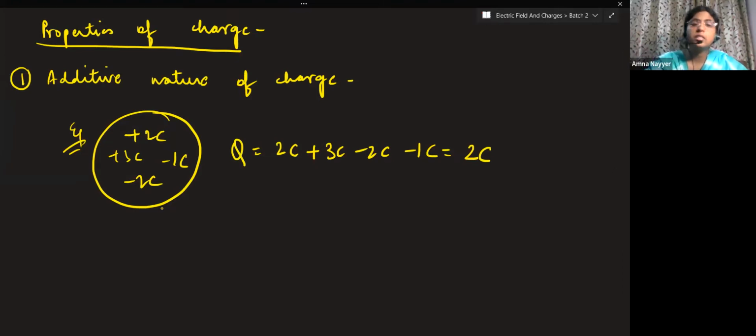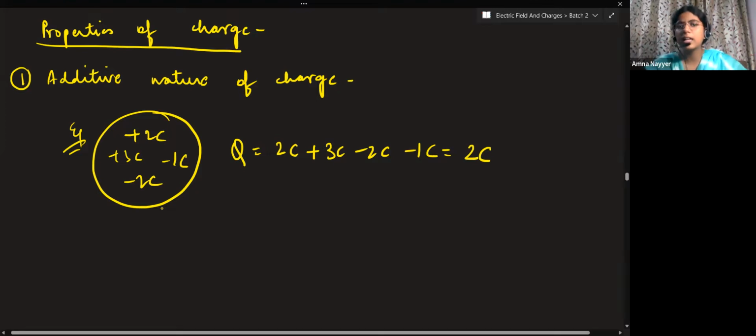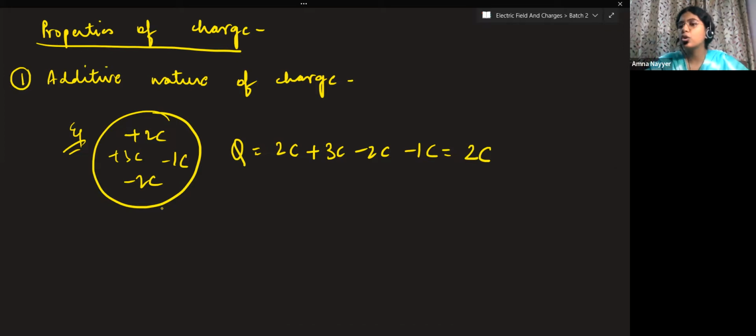Electric charge is a scalar quantity, so that's why it allows us to add it. Had we taken electric force, when we reach electric force, we'll see we are not able to directly add it. We'll be using the parallelogram law and vector additions. So additive nature of charge means that all the charges can simply be added.